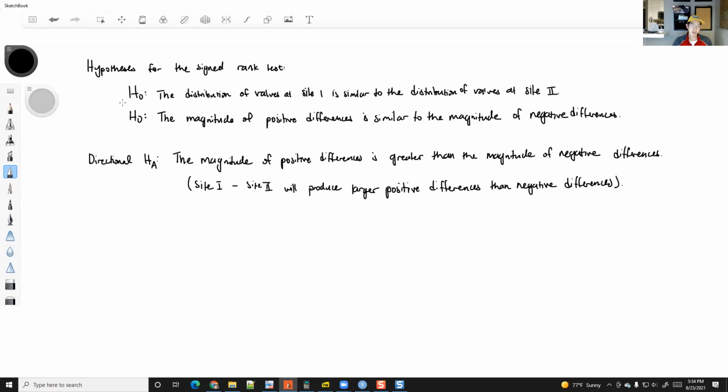Okay. And then non-directional would just be the magnitude of positive differences is different, right, than the magnitude of negative differences.